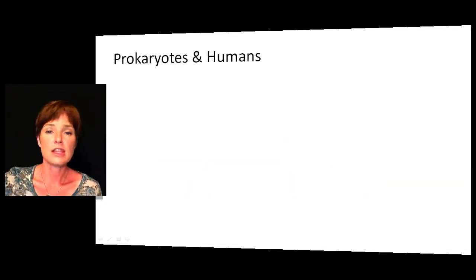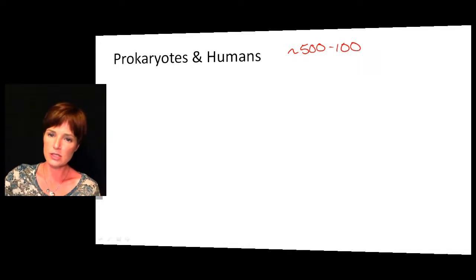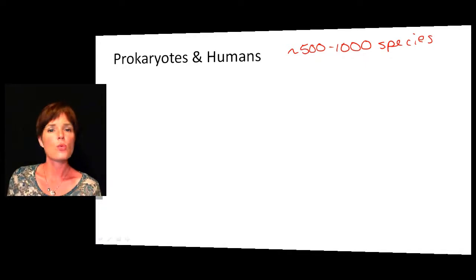We talk about the effect that prokaryotic cells have on humans. We have about 500 to 1,000 species that live just inside our intestines. So we definitely have tons of bacterial cells inside of us every day.